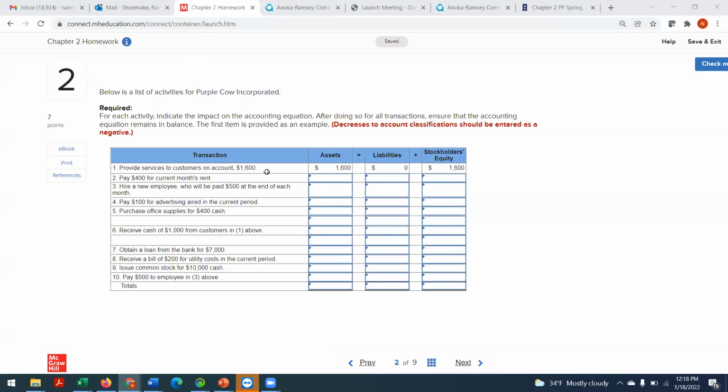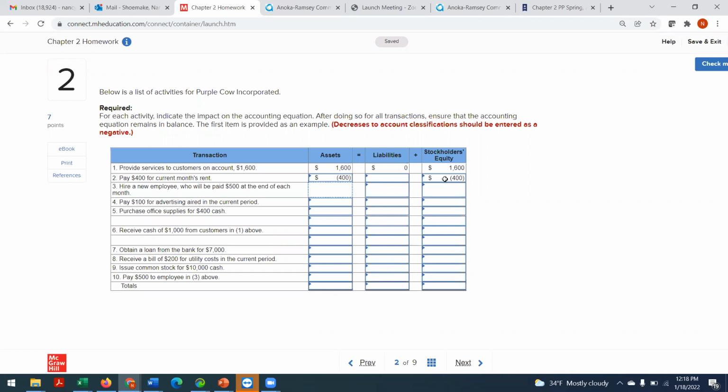Won't it be rent expense? Rent expense, and then we reduce our cash, so we credit cash. So our asset will go down $400, and our stockholders' equity will also go down $400 because expenses reduce stockholders' equity. Okay?